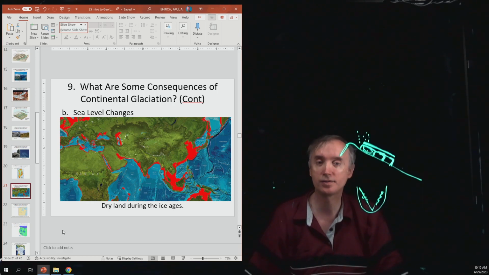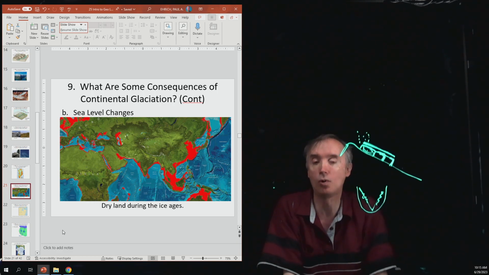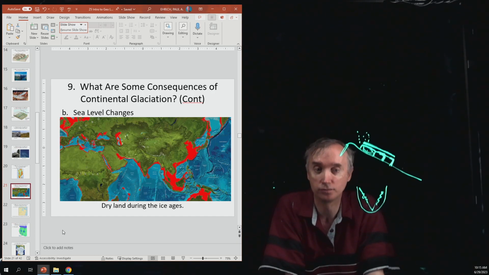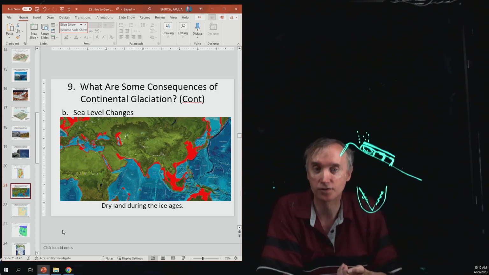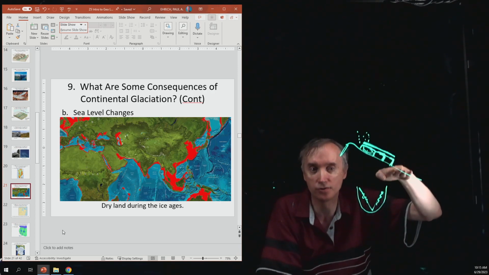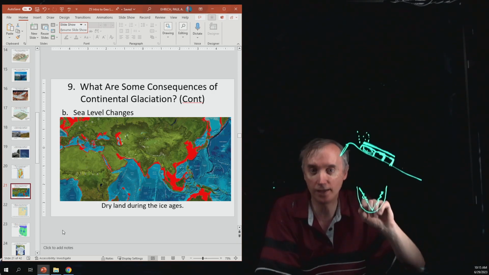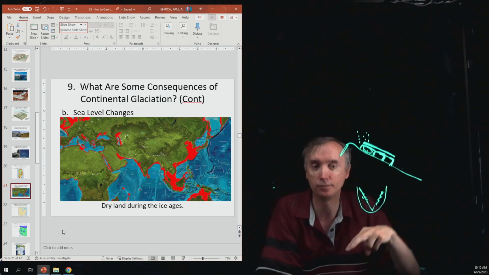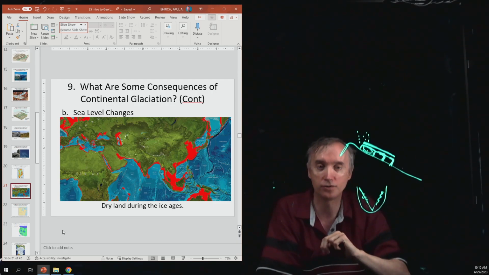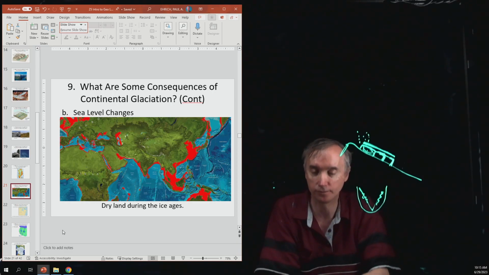Another thing that ice does is it draws its water out of the oceans, so that as the glaciers get larger and larger, the water in the oceans gets smaller and smaller. That means the level of the oceans drops, and it can expose parts of the seafloor, and that makes land bridges that people have walked across to get to other parts of the earth.